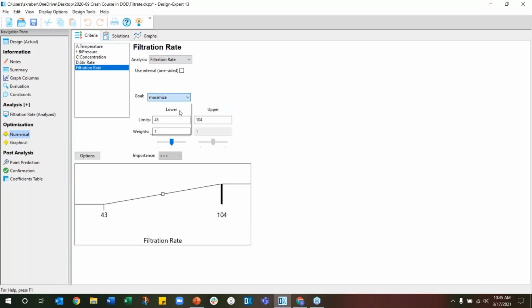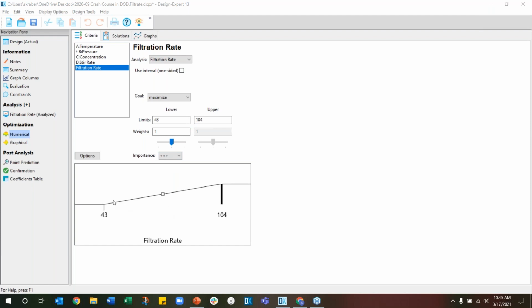We want to maximize that. Here's a key thing, though, that most people don't realize they should do, is that we want to maximize filtration rate, but the default setting is to use the range of filtration rate that you got in your experiment.